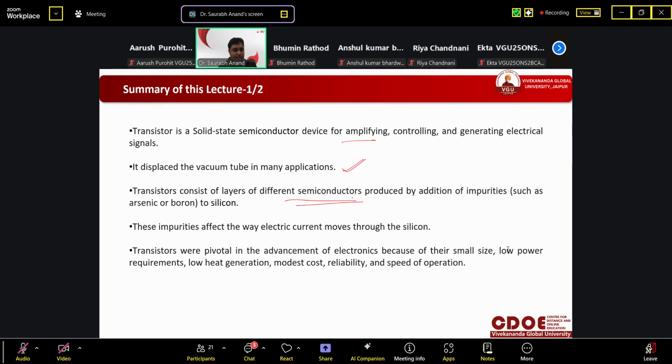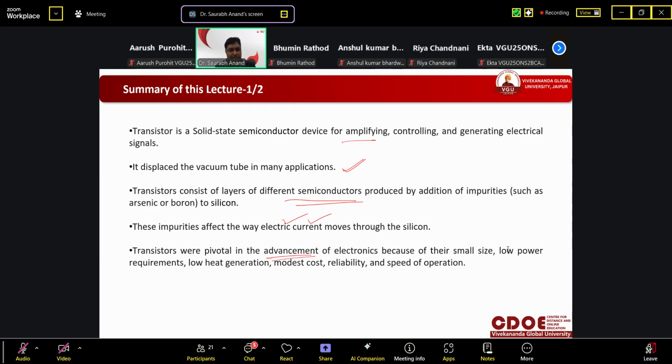We have seen how electric current flows in a transistor. What is the advancement of electronics? We used a transistor that replaced vacuum tubes, and vacuum tubes were bulky and not providing proper output.